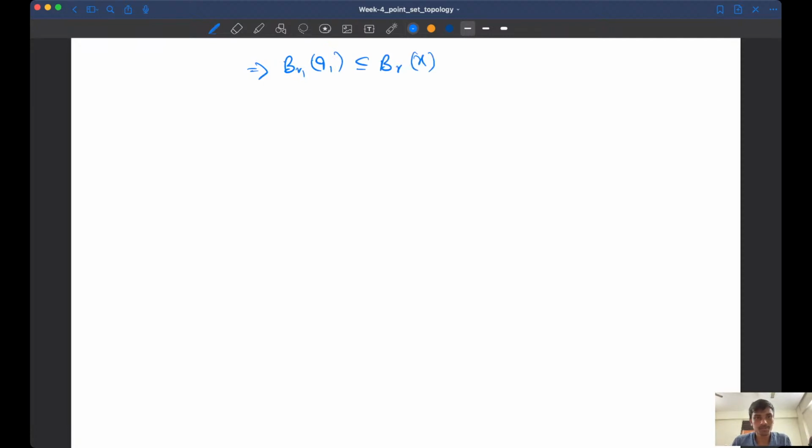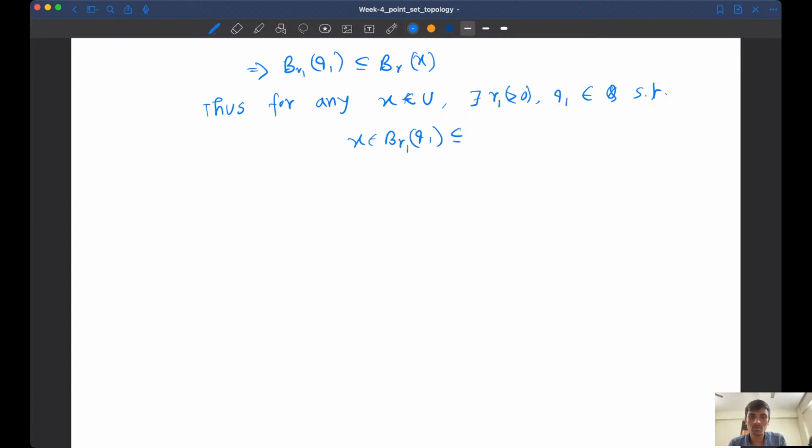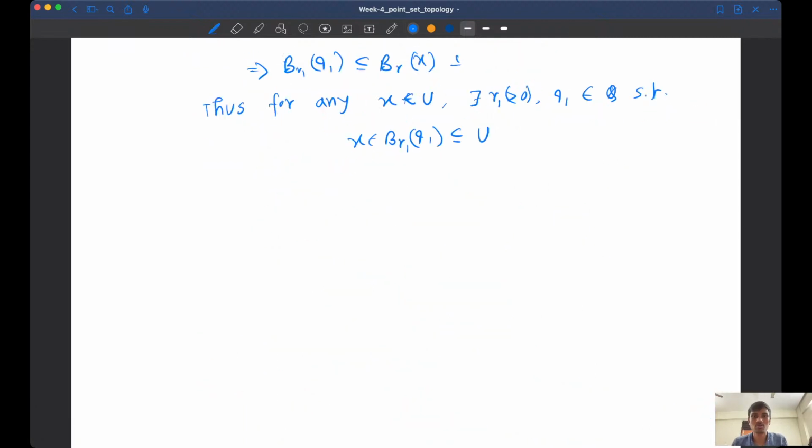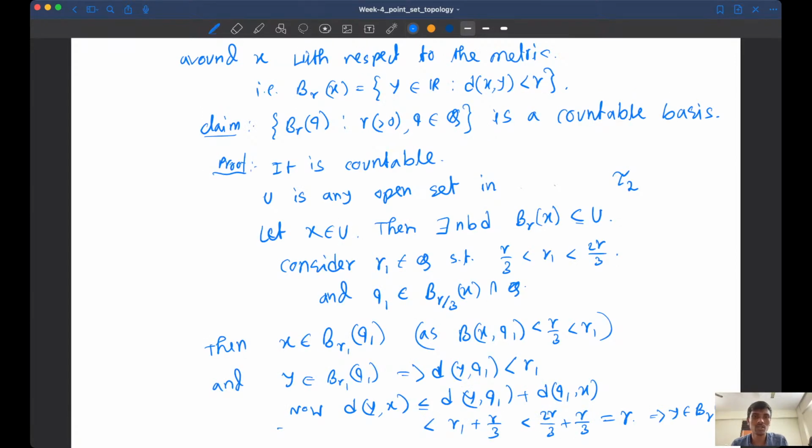So thus for any x belonging to the open set U, there exist r1 greater than 0 and q1 a rational number such that x belongs to B(q1, r1) contained in U, because this B(x, r) we started with is in U. So for each element of the open set we get such an element from this family B(q, r), which means it forms a basis.